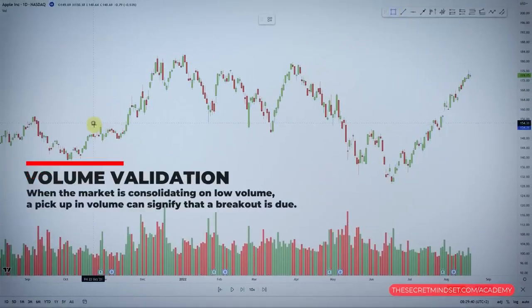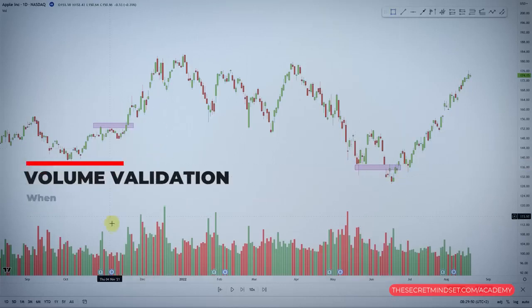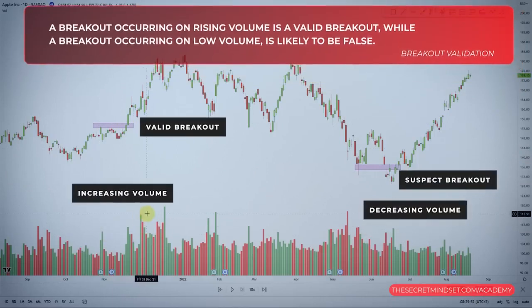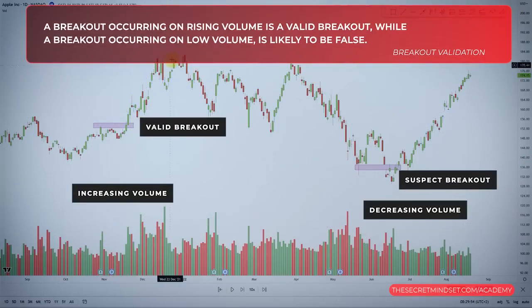Volume can help to validate all kinds of breakouts. When the market is consolidating on low volume, a pickup in volume can signify that a breakout is due. A breakout occurring on rising volume is a valid breakout, while a breakout that attracted no interest from traders occurring on low volume is likely to be false.